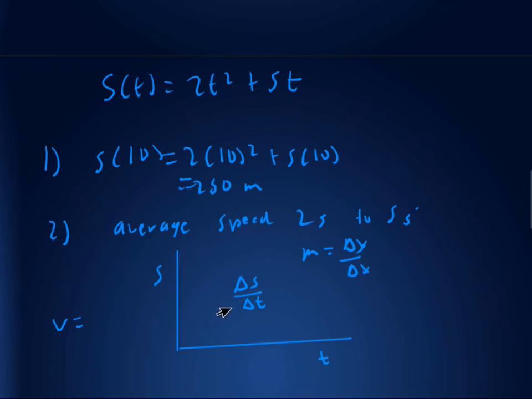So in other words, the gradient of a distance time graph is the velocity. There's a slight difference between speed and displacement, but they're calculated the same way. So the gradient of a displacement time graph, or of a position time graph, gives the velocity.